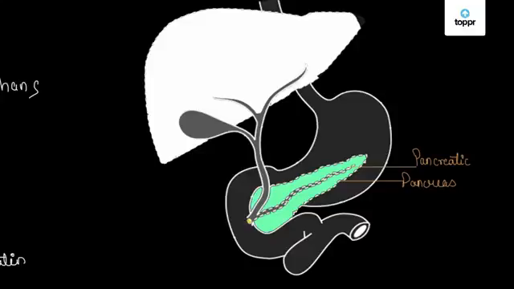Like we just discussed, the pancreatic duct combines with the duct of the liver and they open up into the duodenum with the help of the ampulla of Vater. Now there is a valve present around this ampulla of Vater and this valve or sphincter is called the sphincter of Oddi. It basically regulates the movement or the secretion of pancreatic as well as bile juice, and this is how the pancreas looks.